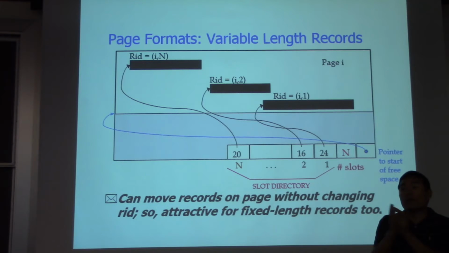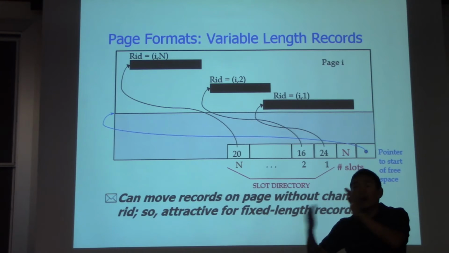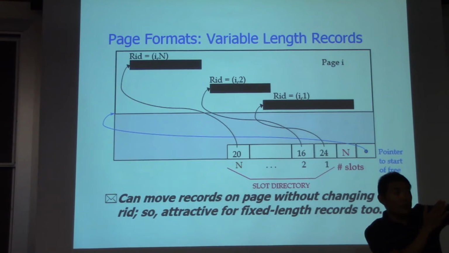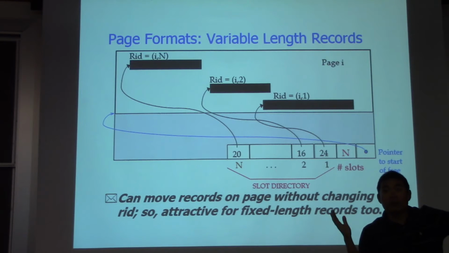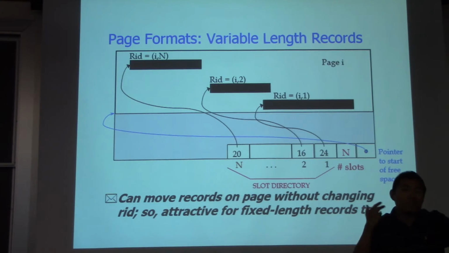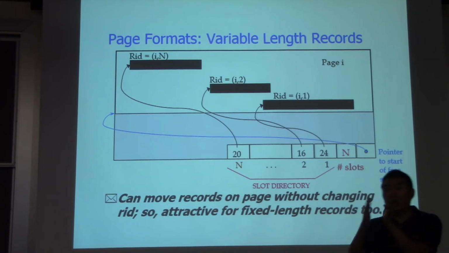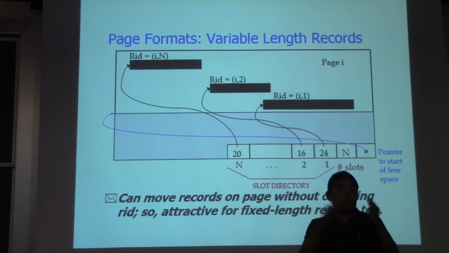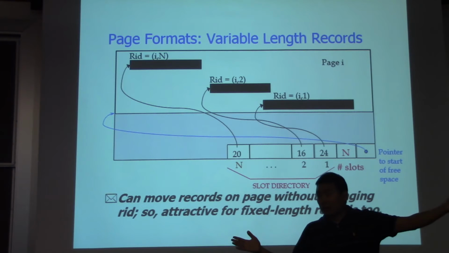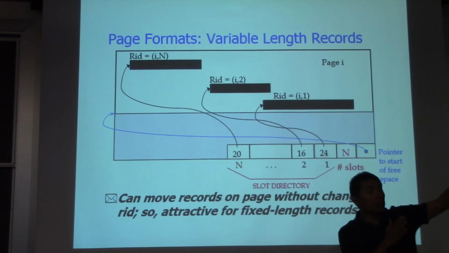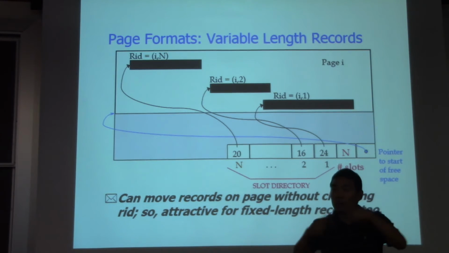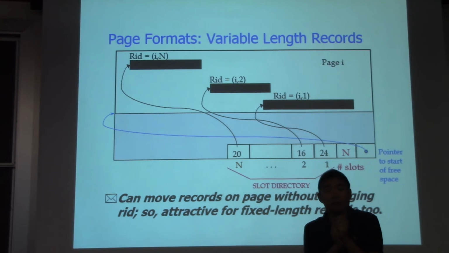One is offset to the end of the page or offset to the beginning of the page. Both work. Either way is fine as long as you are consistent in your system about what you mean by offset. If you are using offset to the end of the page, make sure you use that throughout. If you use offset to the beginning of the page, make sure you use that throughout, so that you don't confuse yourself and don't create any bugs. You follow me?